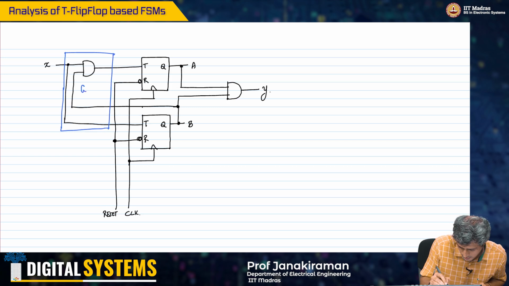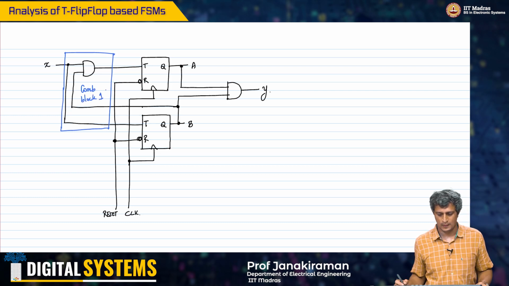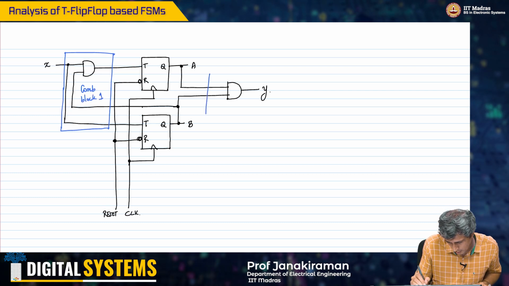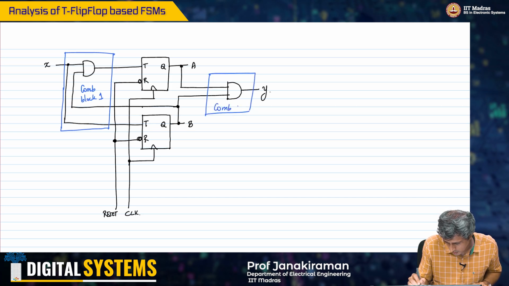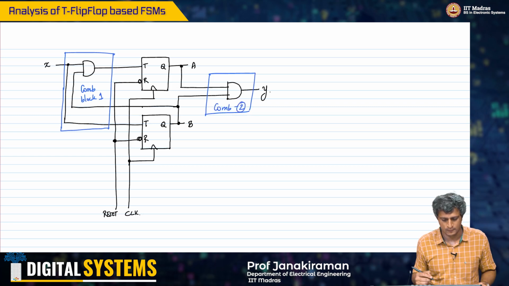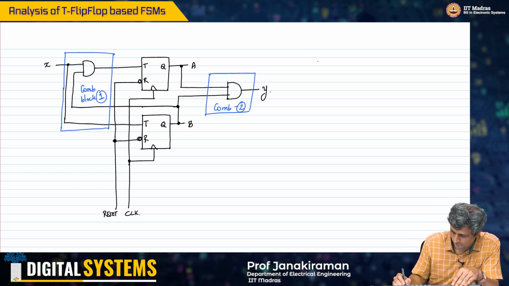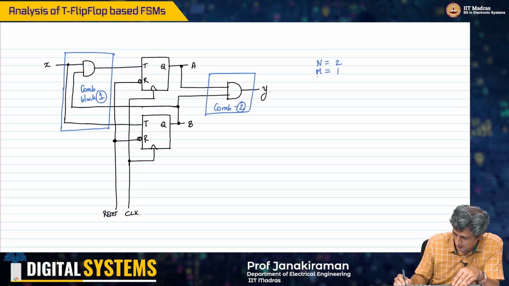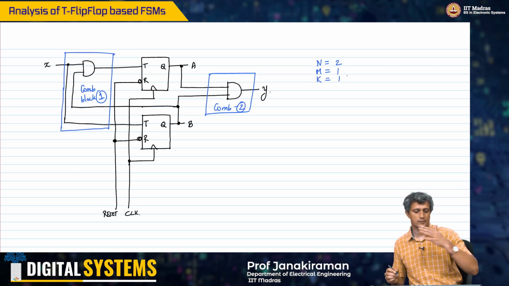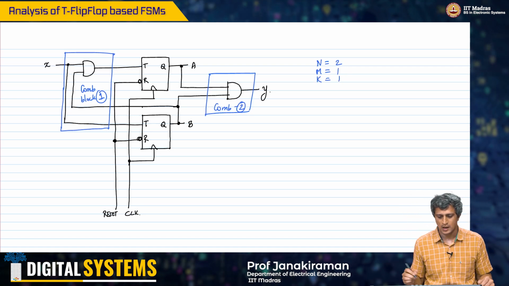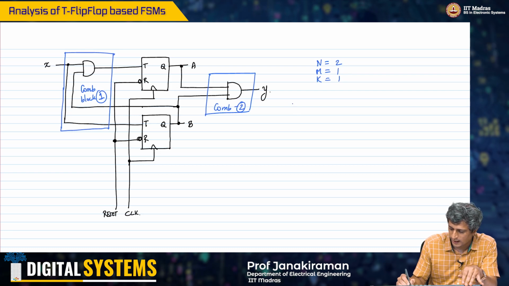Okay, so this is combinational block 1, and this is a very simple combinational block 2. So again the number of flip-flops is 2, number of inputs is 1, number of outputs is 1 as per our convention. So based on this we can go ahead and write our state equations.